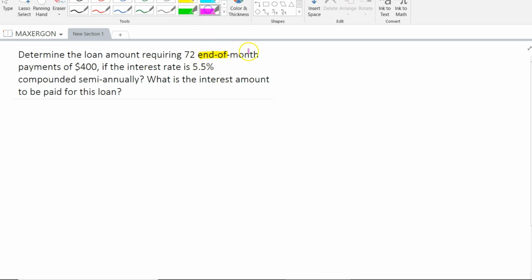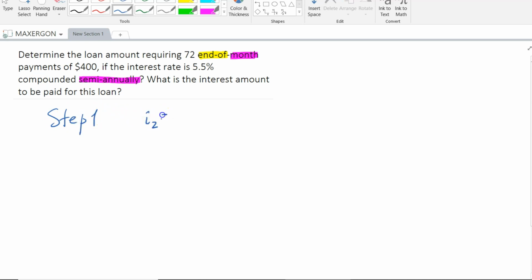Also, it is important to note that we have monthly payments, but the rate is compounded semi-annually, which makes this annuity general. Because this annuity is general, we need to convert the rate to make this annuity simple. This will be our step 1.